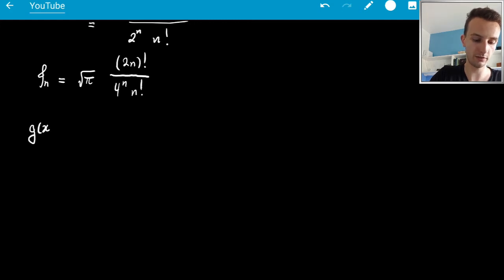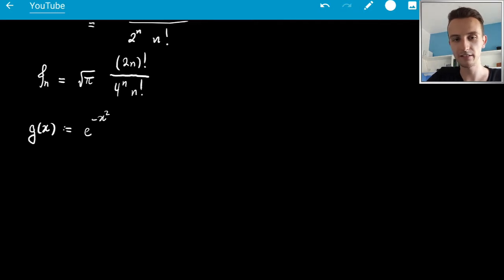So maybe I'll write it like this. The g of x, g for Gaussian, is going to be e to the minus x squared. So of course, I could add a parameter a, you know, like it could be e to the minus a x squared. But you can see that this is just up to change of variables in x. So I'm not going to bother with this. So this is going to be my g of x.